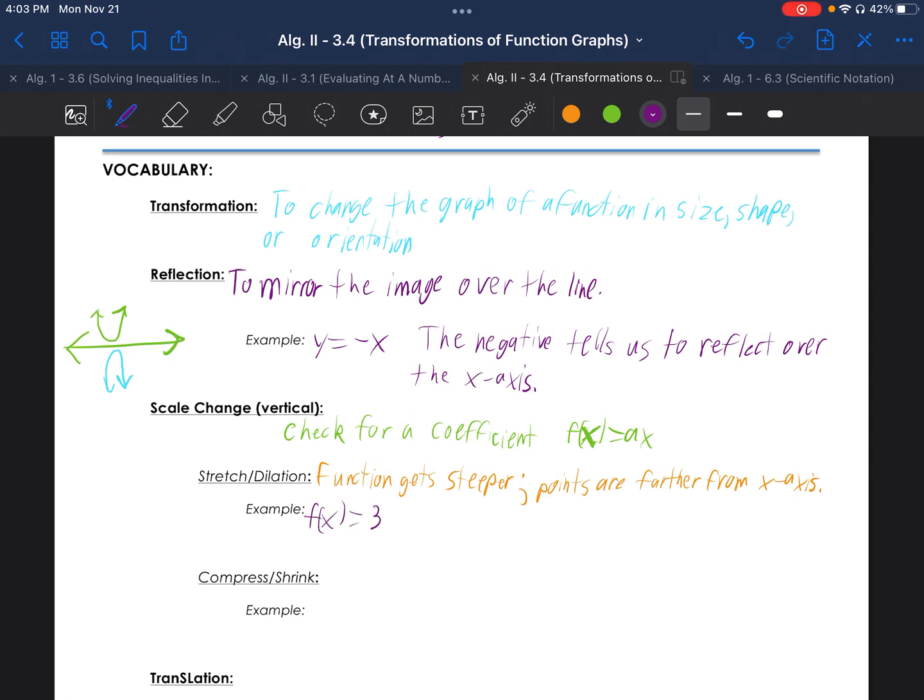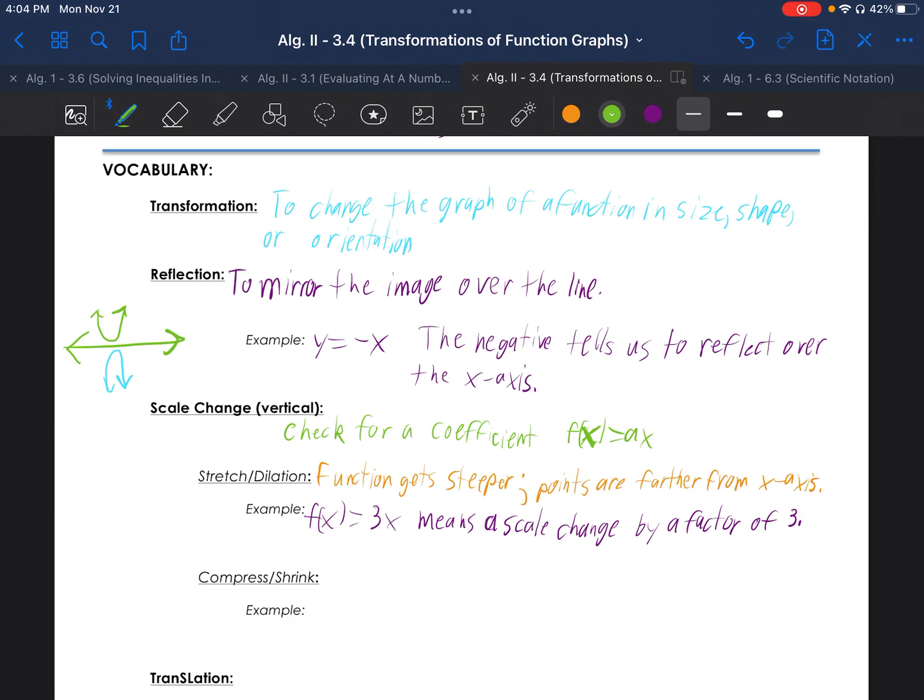So for an example, f of x equals 3x means a scale change by a factor of 3.